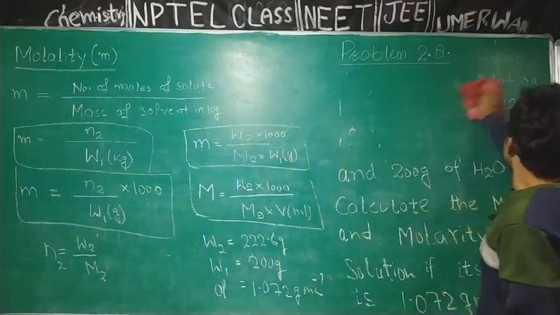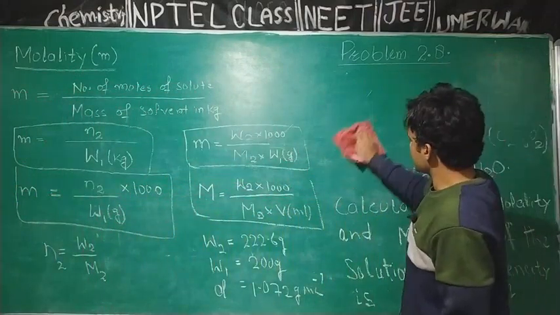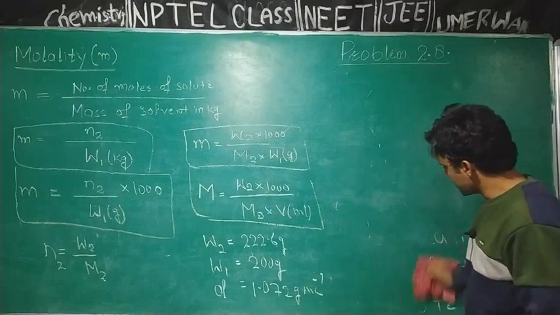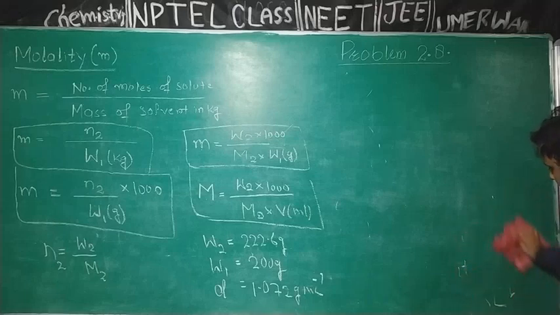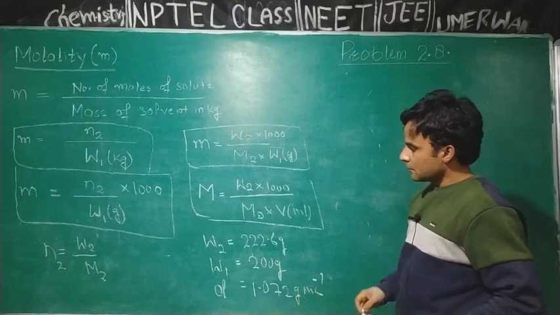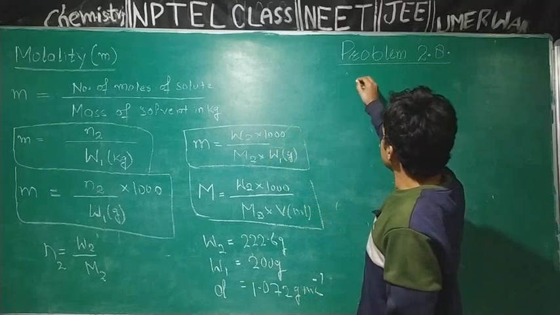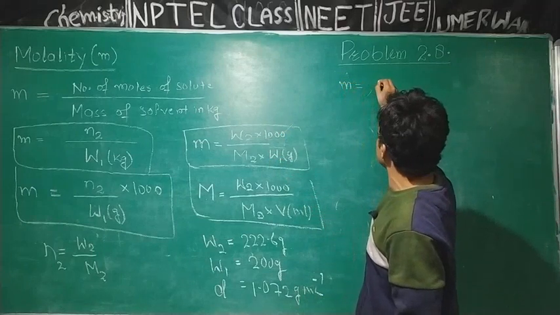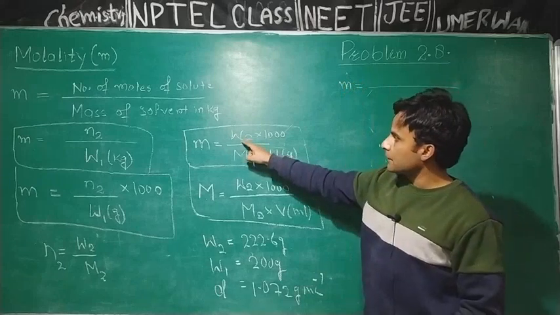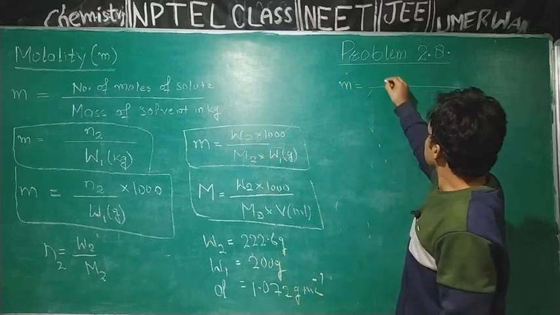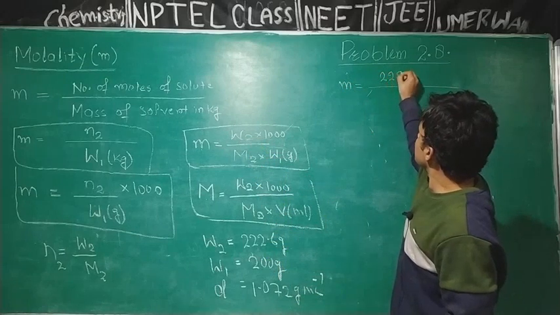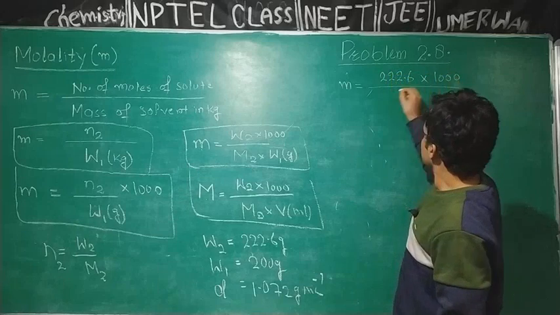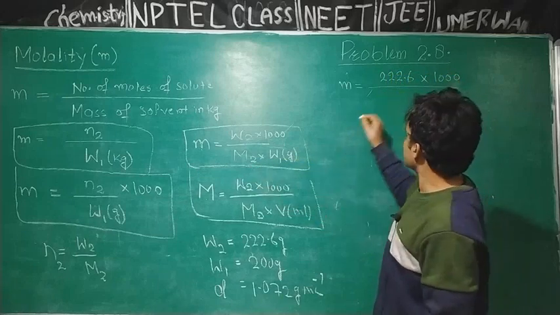I need these given parameters for substitution on the RHS side of these two equations, so I wrote these parameters. I will use the molality equation first. Molality is equal to weight of solute, which is 222.6 multiplied by 1000, divided by molar mass of solute.